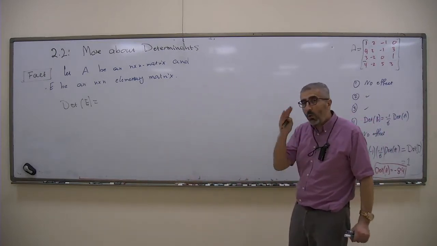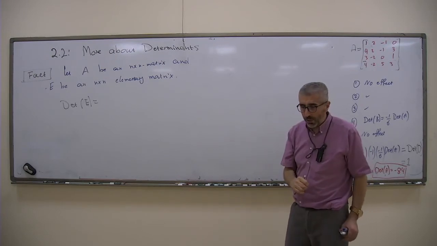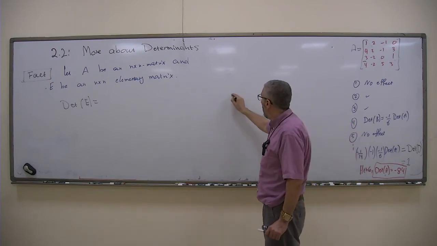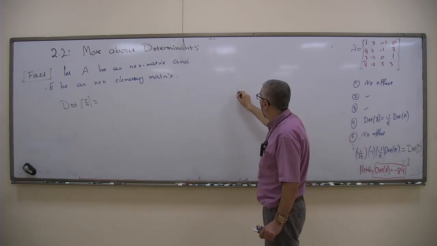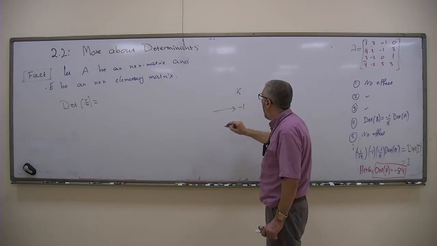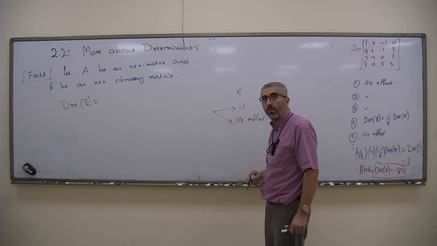Now, we know what is the effect of each elementary row operation. What is the effect? It is going to be one of the three things. Either you multiply by k, or you multiply by -1, or no effect. Correct?